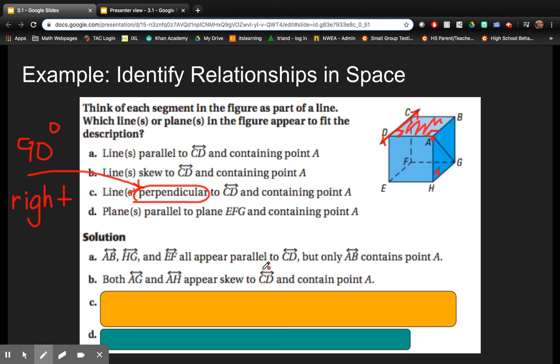That's the plane they share. So on the top of this box, I have AD and I have AB. And I'm trying to figure out which one of these, AD or AB, would be perpendicular. AD. It shows this right here.